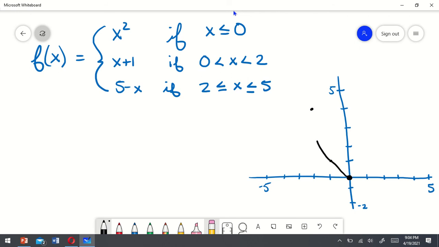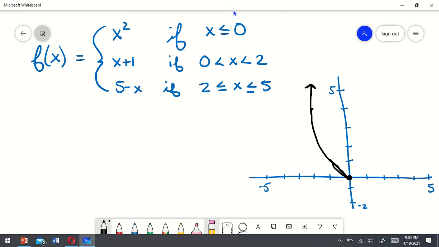I'll do my best here to show this as accurately as possible. It's a little tough on the virtual whiteboard. But we get this parabolic shape. The curve does continue to grow, so when I plug in -3, I get out 9 somewhere up here, right? So that takes care of every value for x below and equal to 0.